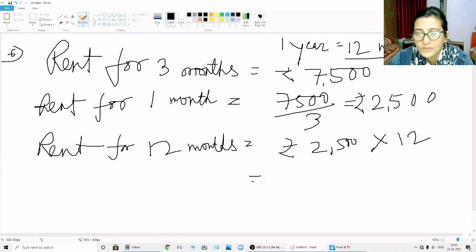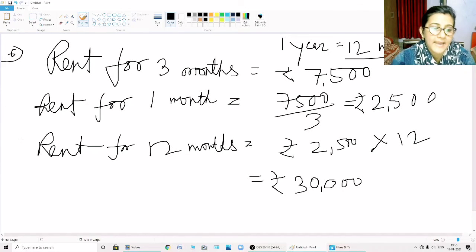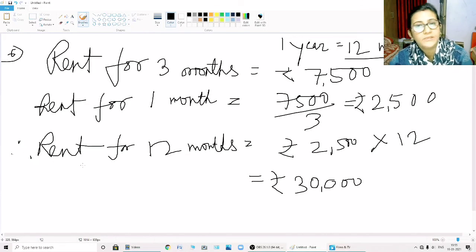So it will be 12 5s are 60, 12 2s are 24, it will be 30,000. So what you got is that, therefore, the rent for 12 months is rupees 30,000. In this way you have to do the unitary method.